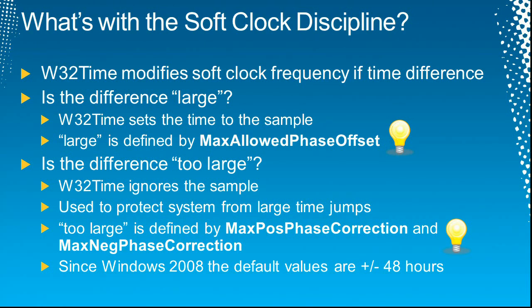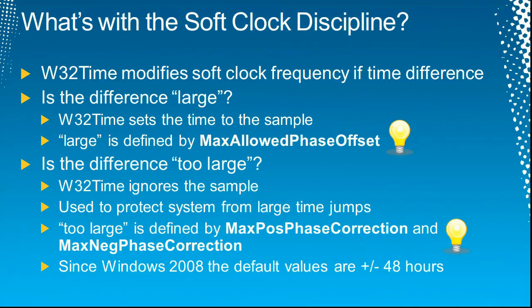If the difference is too large, which is also defined by another setting that you can tweak, then we simply ignore that sample. The reason we want to ignore it is to avoid all those big jumps.